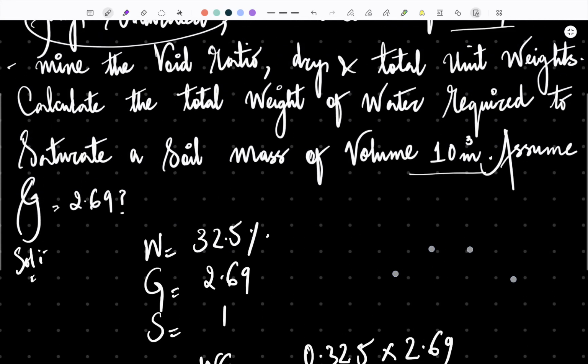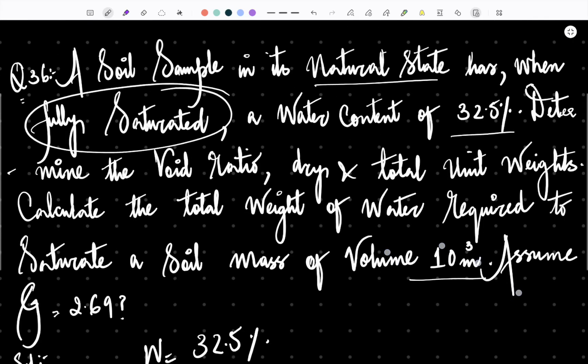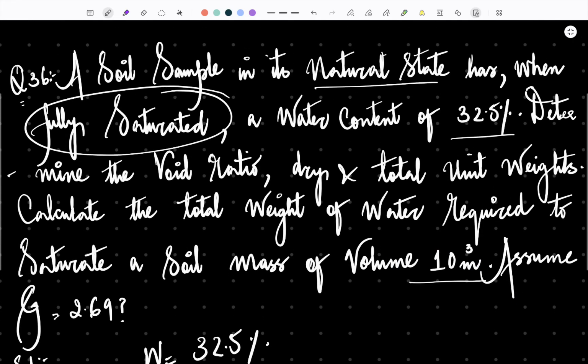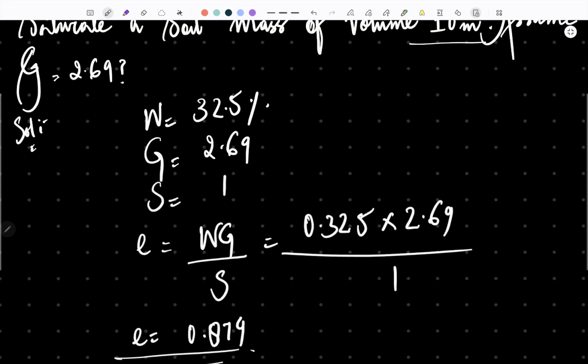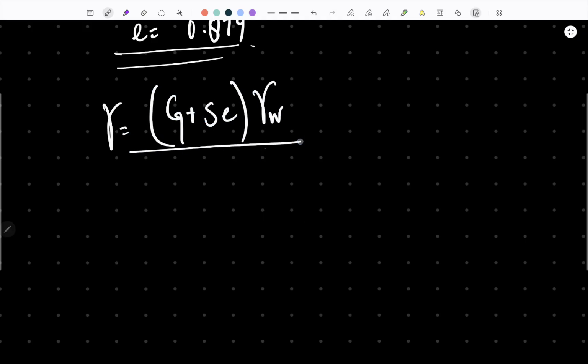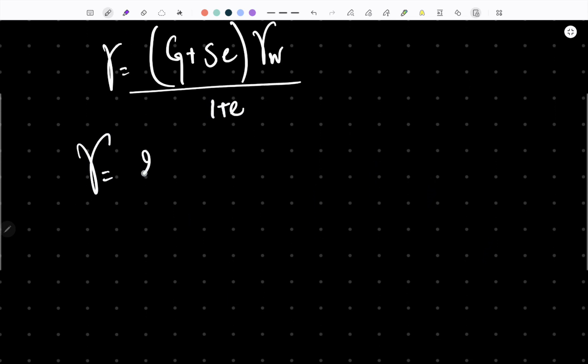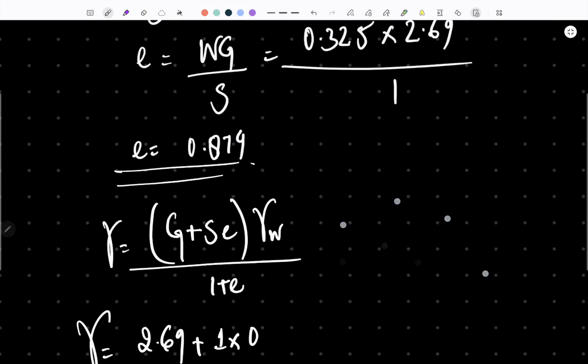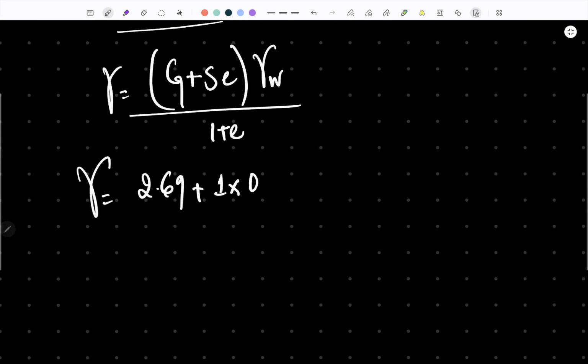What else do we need to find? Determine the void ratio, dry and total unit weight. Total unit weight is the bulk unit weight, which is equal to (G plus Se) times the unit weight of water divided by 1 plus e. So G is 2.69, S is 1, and e is 0.874, we just calculated it.